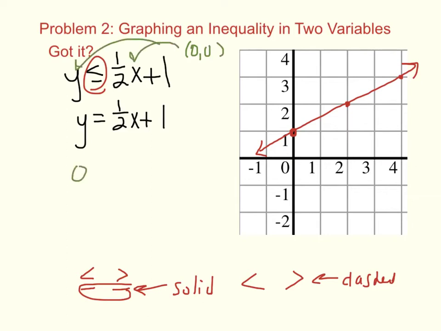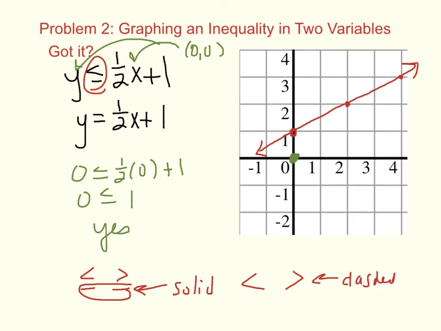So that would give you 0 is less than or equal to 1/2 times 0 plus 1. So that's 0 plus 1, which is 1. Is 0 less than or equal to 1? Yes. That means this point that you plugged in is a true side, and that's the side you want to graph.